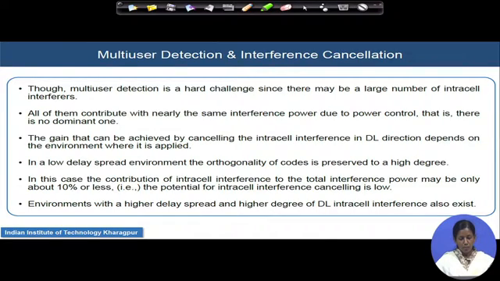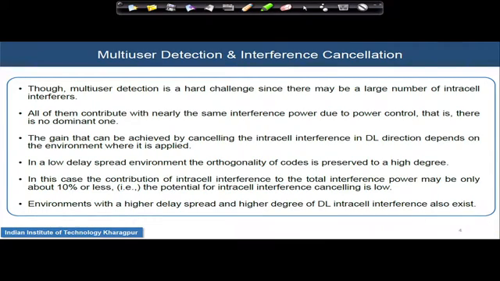Though this multi-user detection is a hard challenge, since there may be a large number of intra-cell interferers sometimes, because it involves a huge signal processing of first extracting each individual's signal and then subtracting from the intended signal.